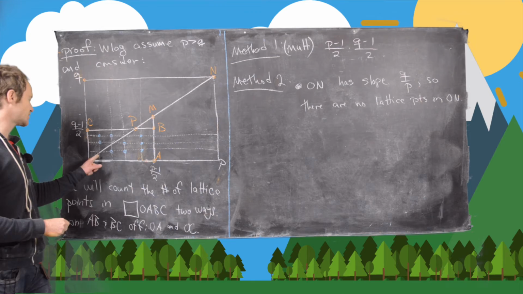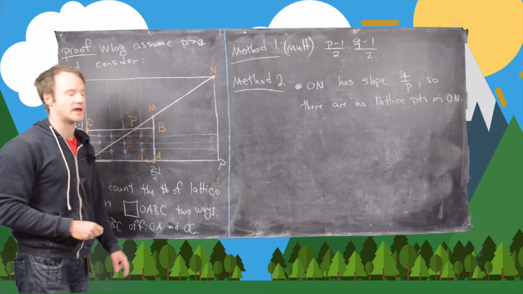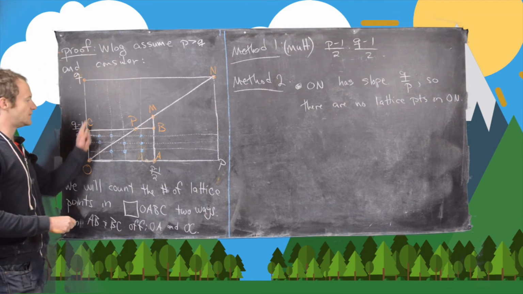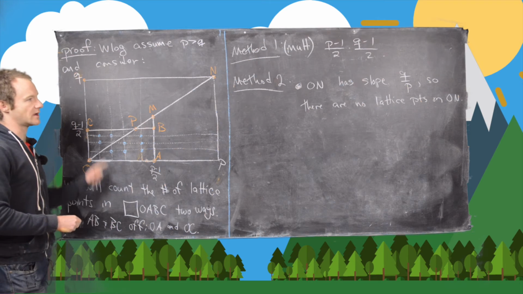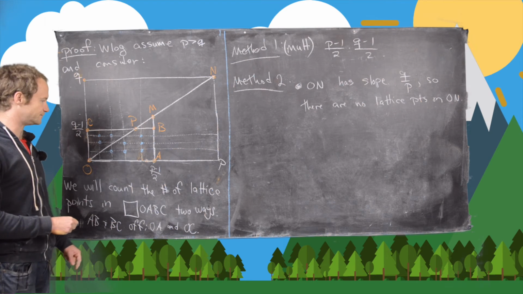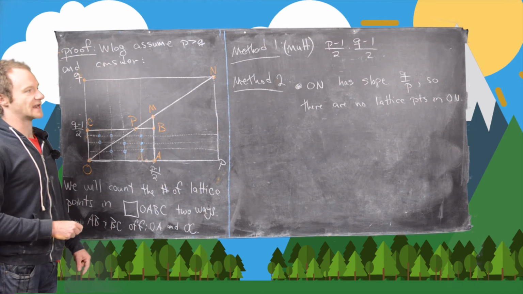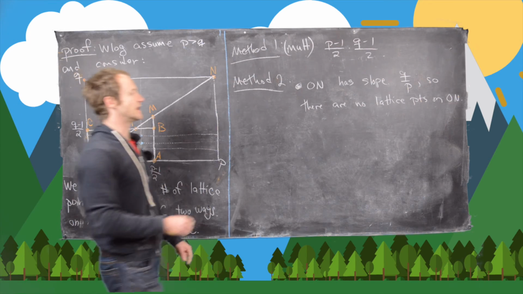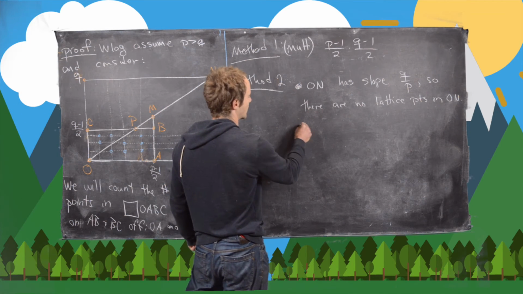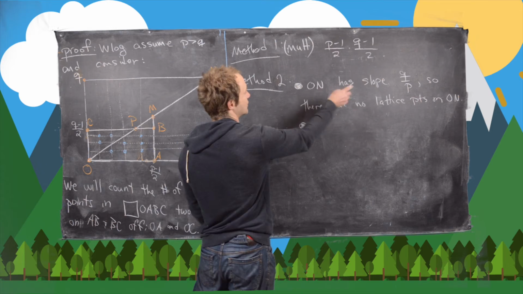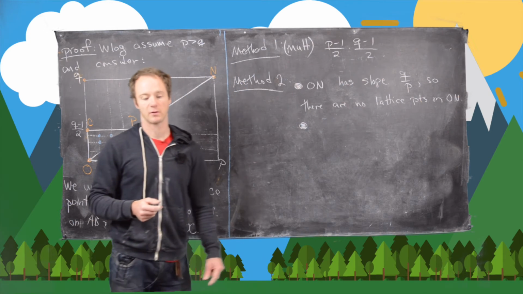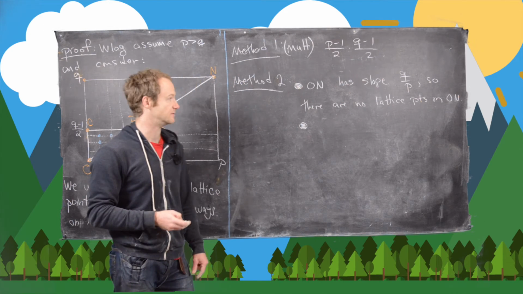So notice in my picture it looks like there are lattice points on ON, but that's just because of the visualization of the program. It's not because there are actual lattice points on ON. Okay, good. And now let's just suppose that there were lattice points on ON.